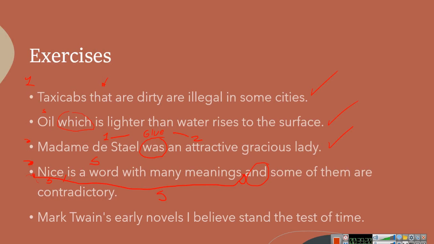I think the comma there is when the word novels finish. Mark Twain's early novels. Do we need more commas or are we fine with just that one? Let me see.